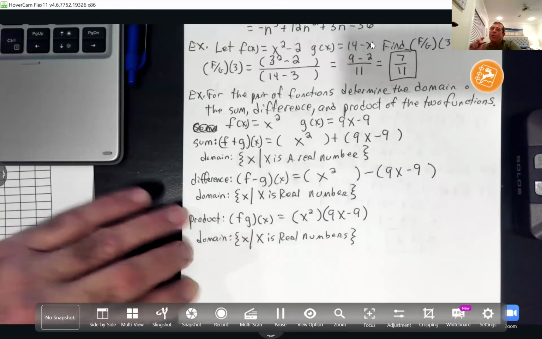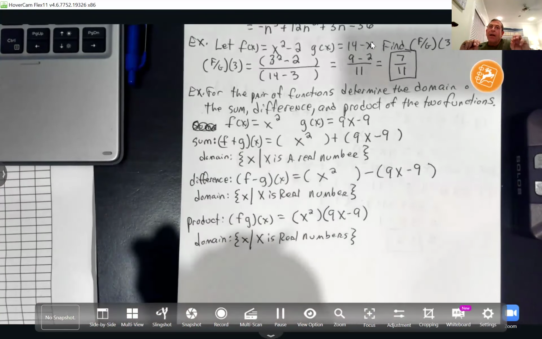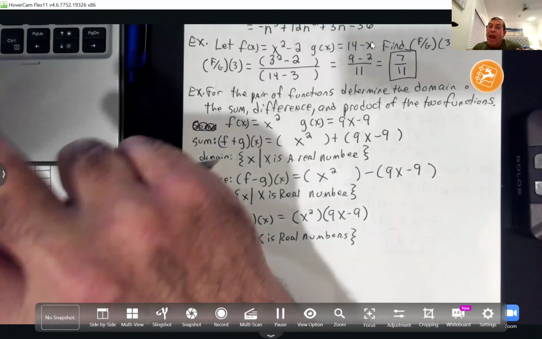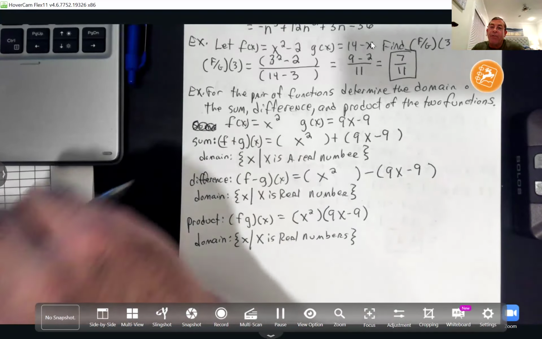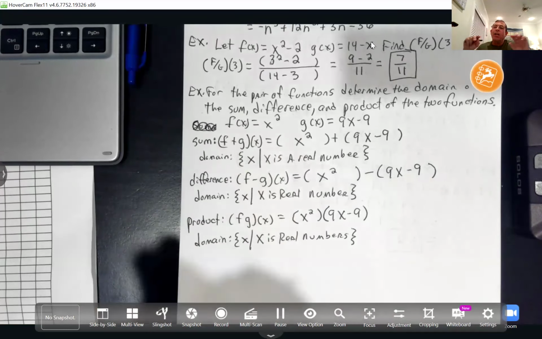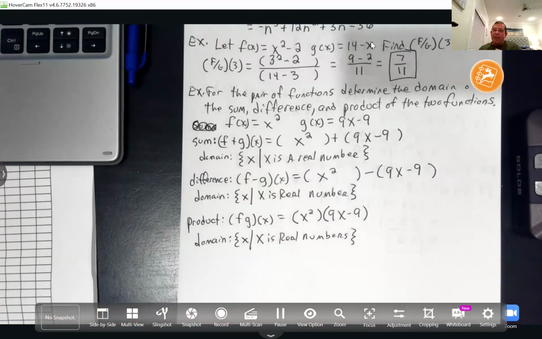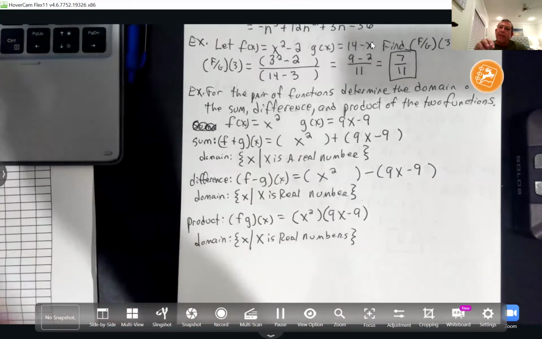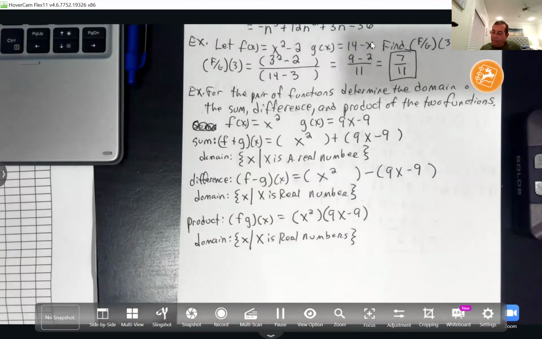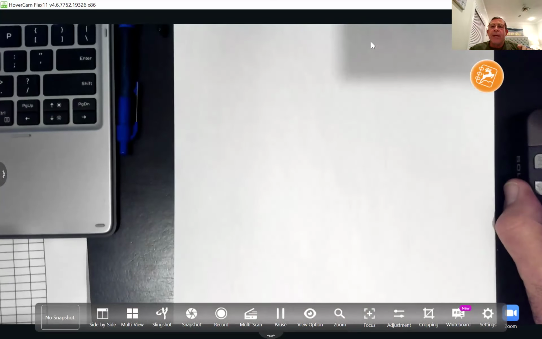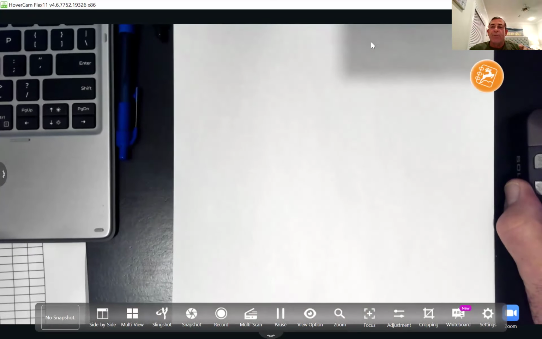Now remember, when I deal with fractions, I'm very concerned with them because if I get a 0 in the denominator of a fraction, that makes it undefined. So that means there's a number you can put in that gives you something other than a real number, okay? And our domains should only have numbers in them that give us real numbers for the outputs.